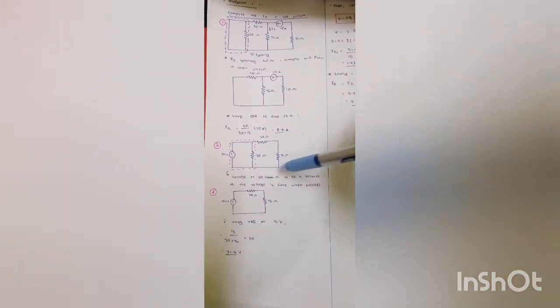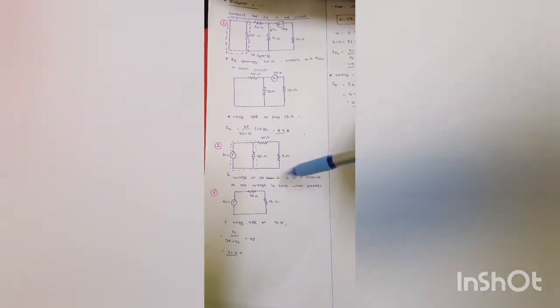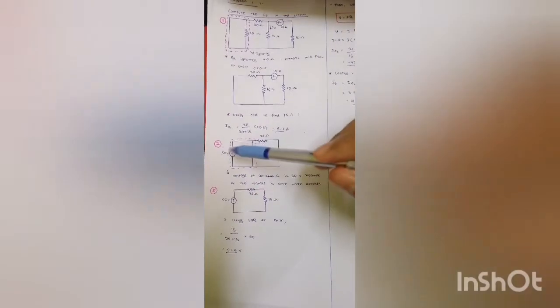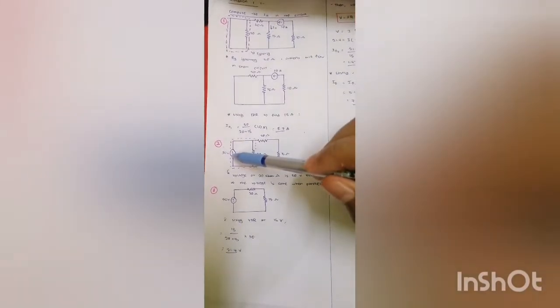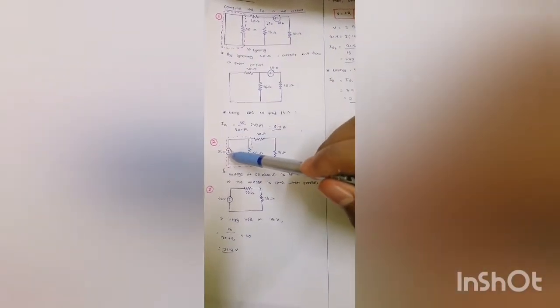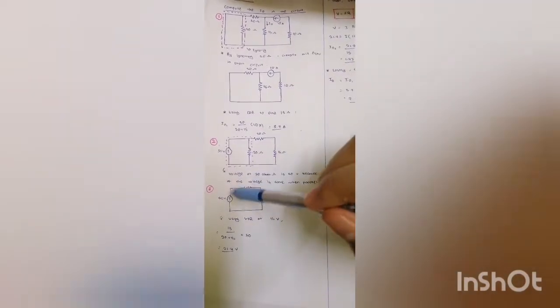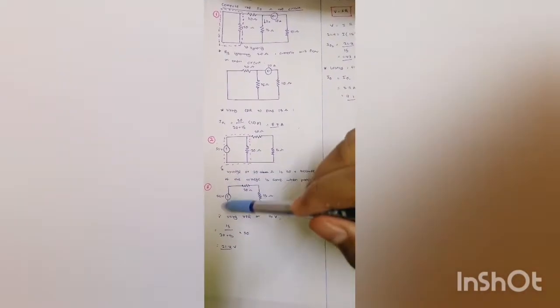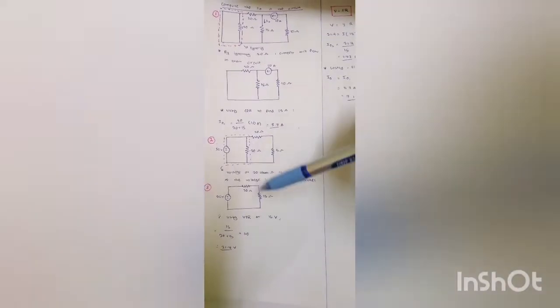The voltage at the 20 ohm is 50 volt because the voltage is the same when in parallel. So at this part I combine them, because the 20 ohm and the 50 volt source are in parallel and the value of voltage is the same. So I draw the circuit like this.